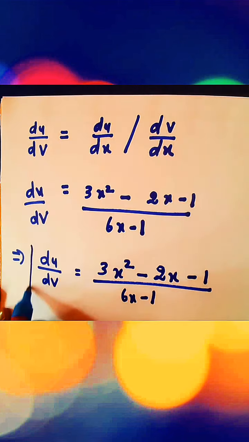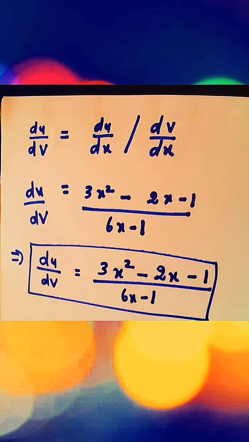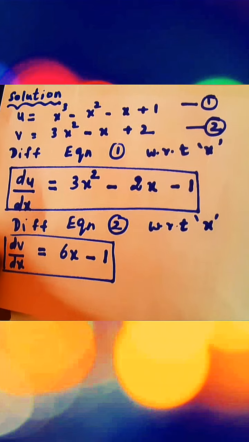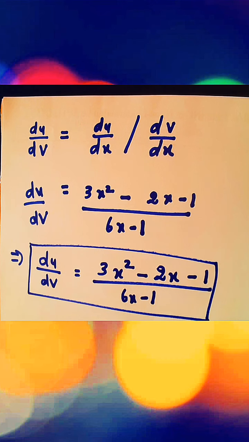This is the final answer. You can just have a look how we have solved so far. We found du by dx. We found dv by dx. We substituted in the formula du by dv is equal to du by dx divided by dv by dx.